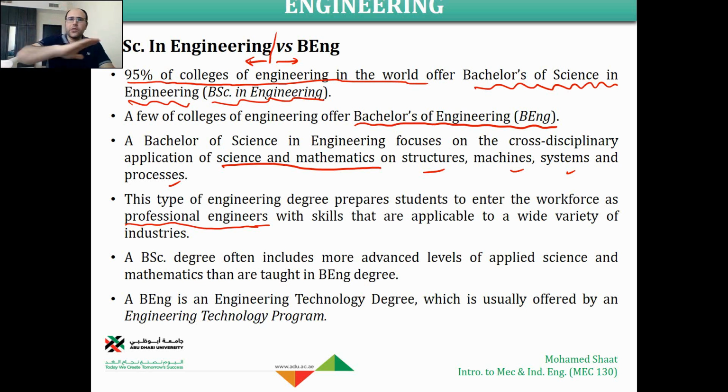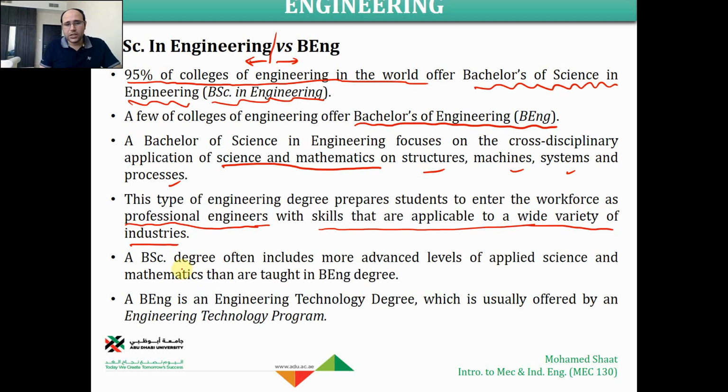You can work in any field that is related to mechanical engineering, as long as you have a Bachelor of Science in Mechanical Engineering. So you are qualified to be a professional engineer with skills applicable to a wide variety of industries. You can acquire any job title which is related to your major.